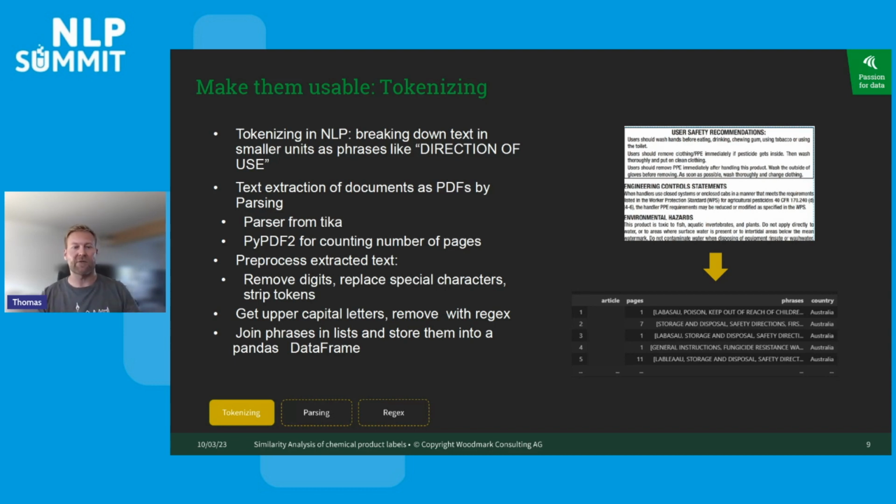We can do some text extraction of the documents as PDFs by parsing methods and use tools like Tika or PyPDF2 from Python, and we can pre-process this plain text by removing digits, special characters, stripping tokens, and so on, getting upper capital letters, removing processes with regex, and in the end we want to join all these phrases into maybe a pandas data frame you see on the bottom right.